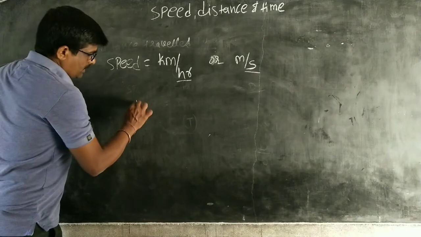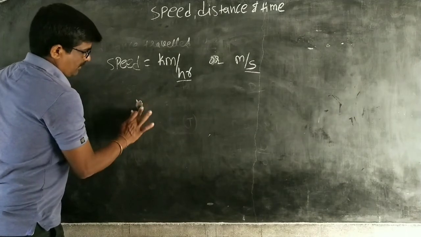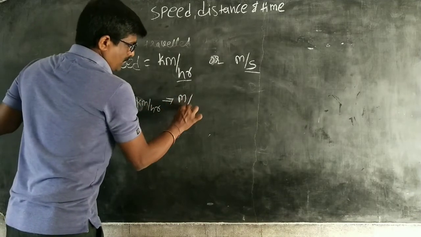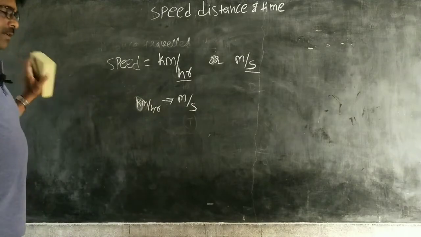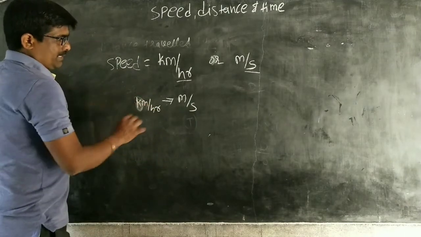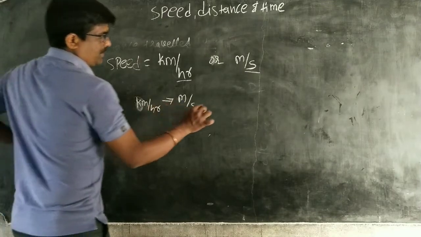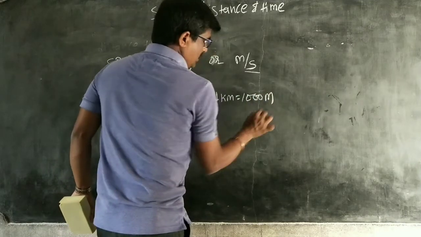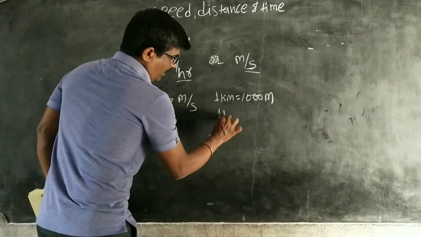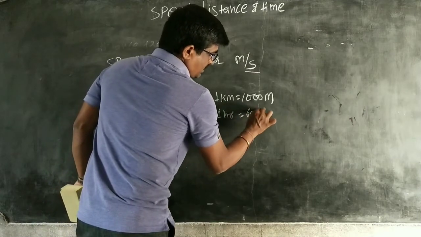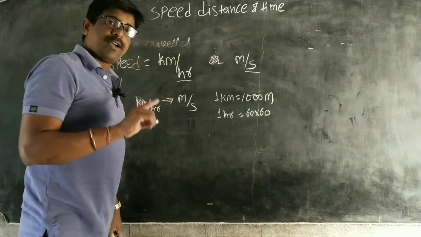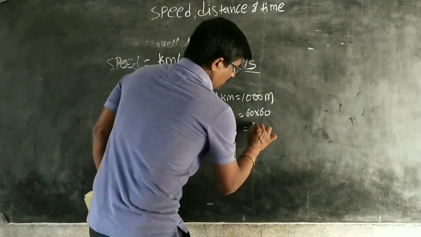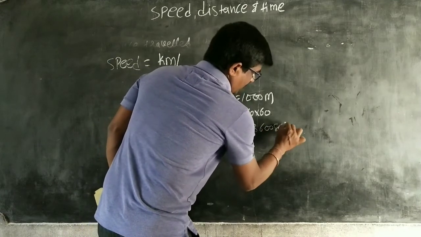Some examples are given in kilometers per hour, and we change to meters per second. Sometimes it is asked. Observe here, 1 kilometer is equal to 1000 meters, and 1 hour is equal to 60 minutes into 60 seconds, that is 3600 seconds.